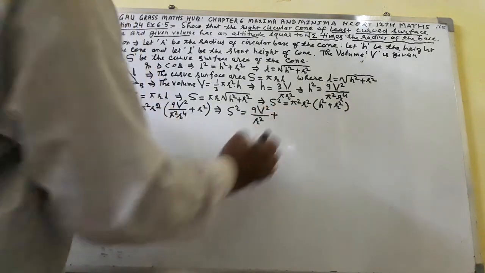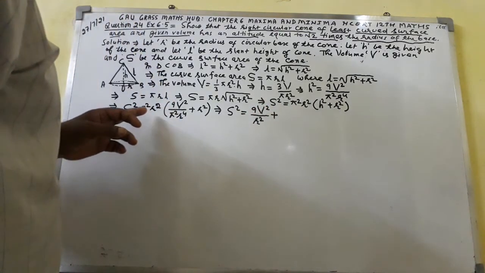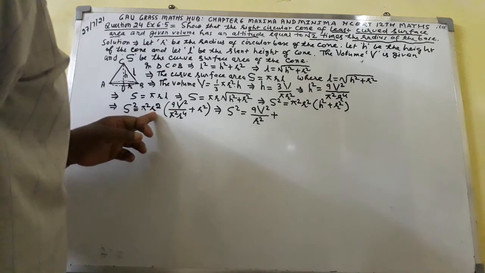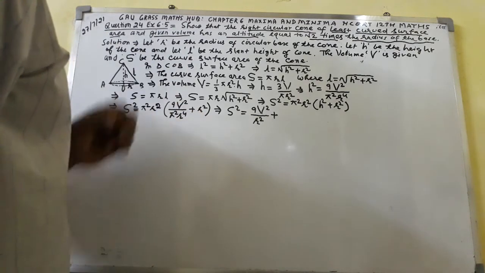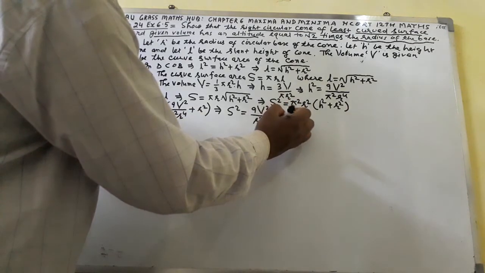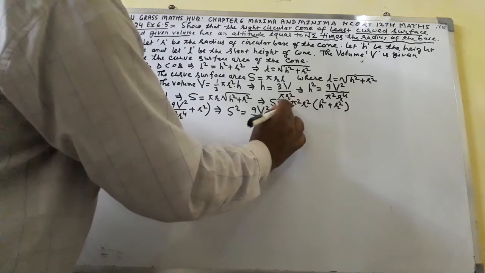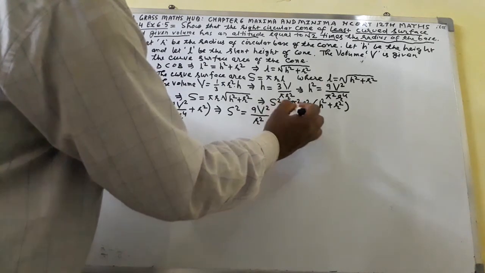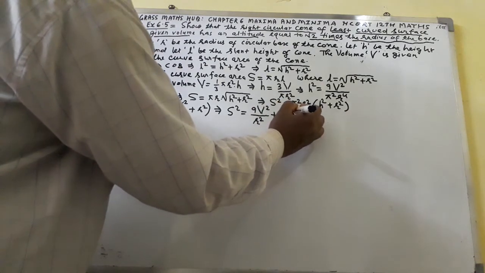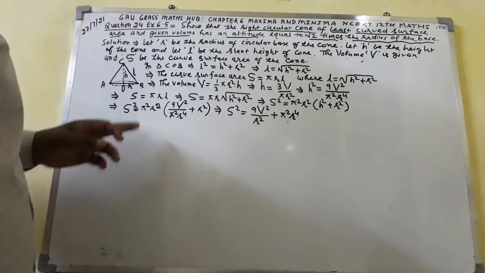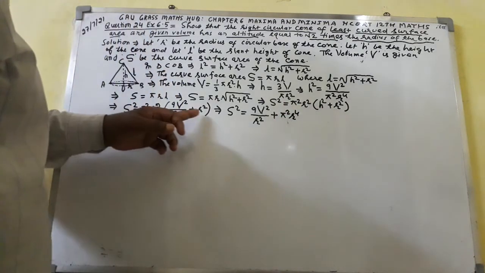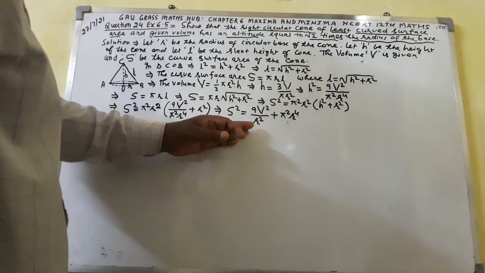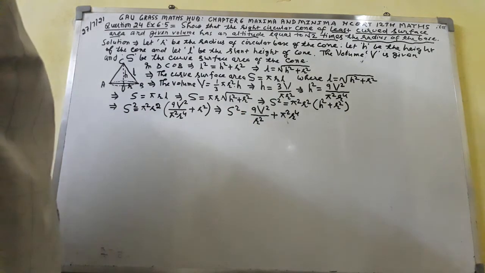plus this whole value pi square R square will multiply to R square. You will get here pi square R raised to the power 4. Here this thing will be available.